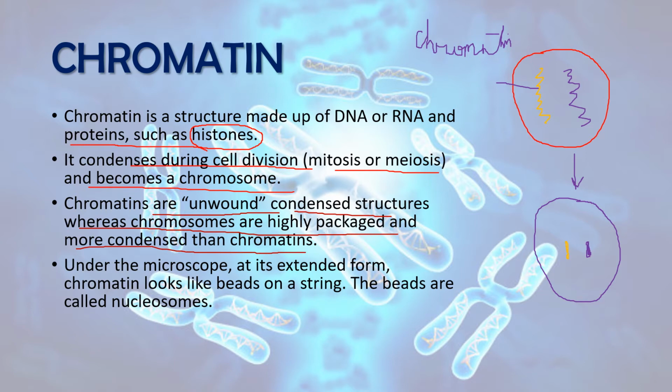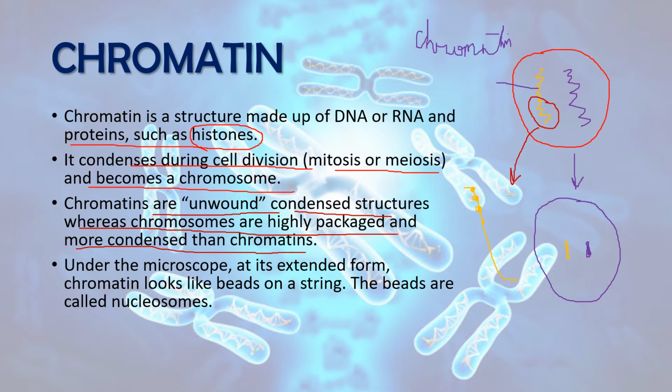As I just told you, chromatins are thread-like structures, but if you see them under the microscope, they look dotted. Let me magnify this particular chromatin. If we see this structure under the microscope, you will see there is a thread over which some dotted structures are present all over the string.